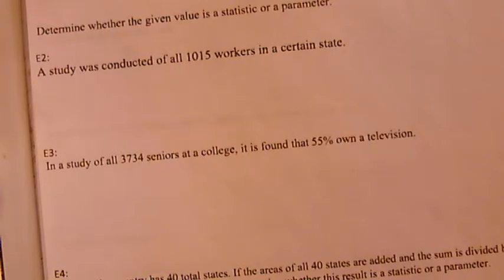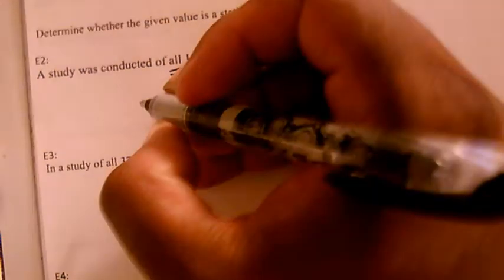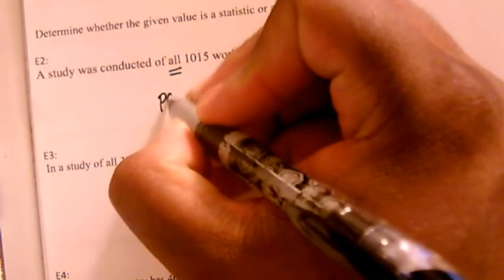In example E2, a study was conducted of all 1,015 workers in a certain state. Now the key word that you're looking at is the word all. We're dealing with all 1,015 workers in that certain state, so that means this must be a parameter.